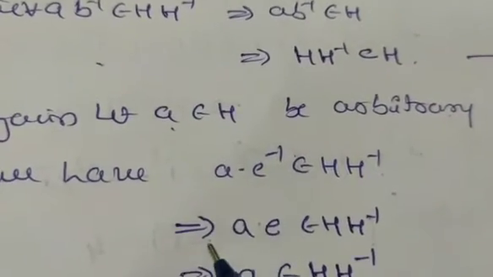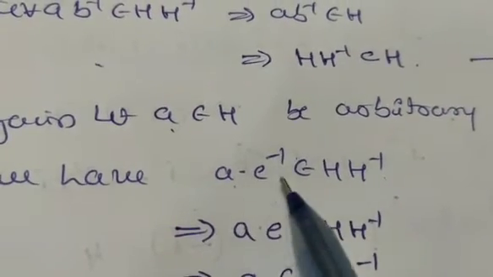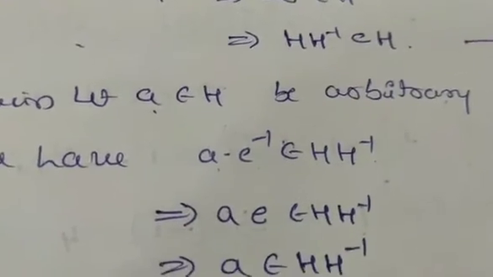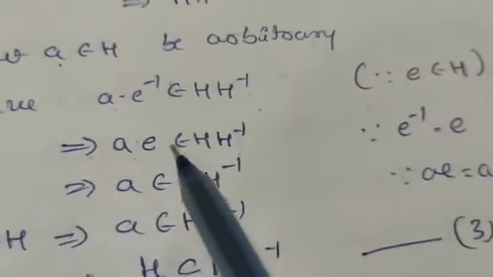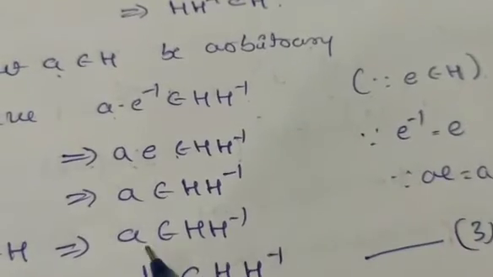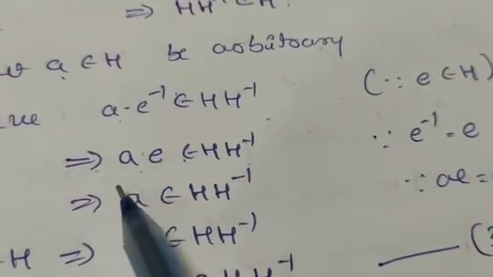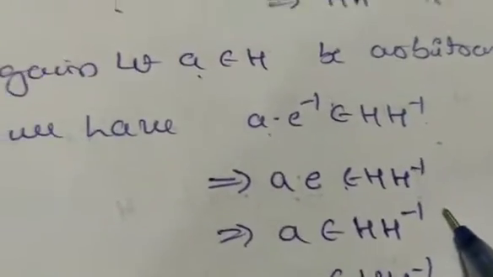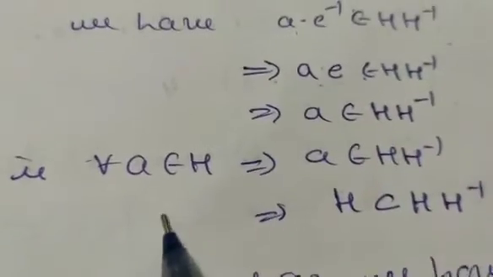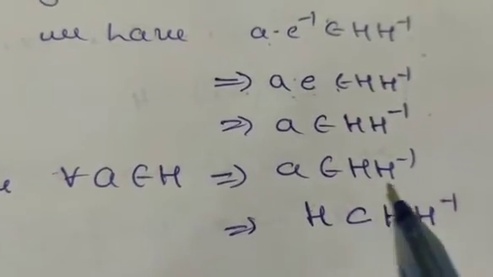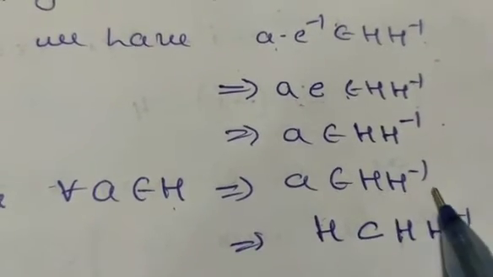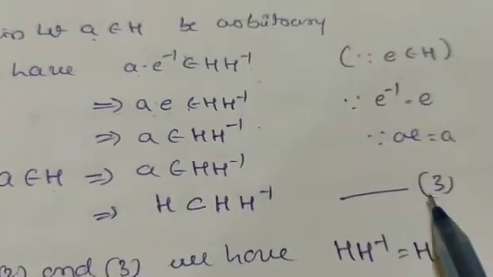We know E inverse is E only, so A into E, which is just like an identity element, is A, which belongs to H into H inverse. So we took A belonging to H, and lastly we proved A belongs to H into H inverse. This means H is contained in H into H inverse. Take this one as equation number 3.